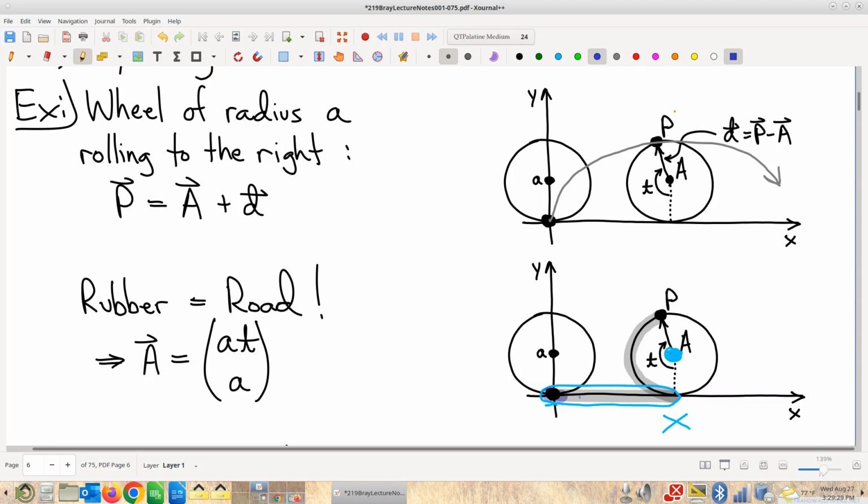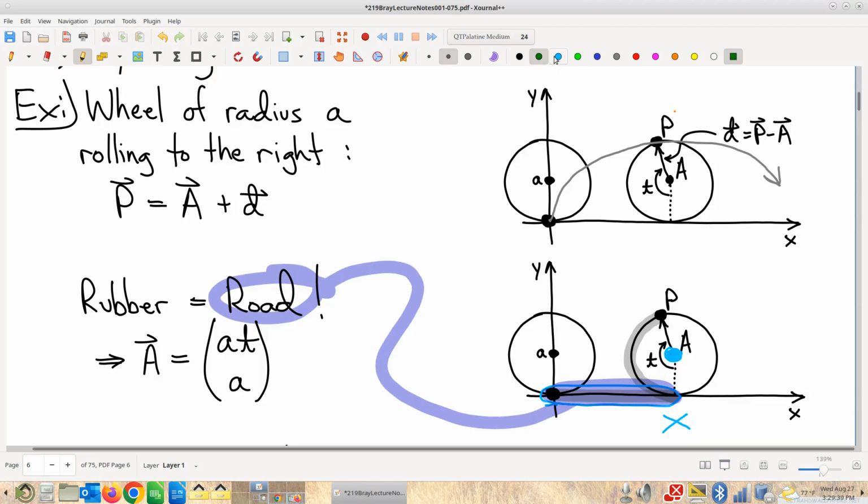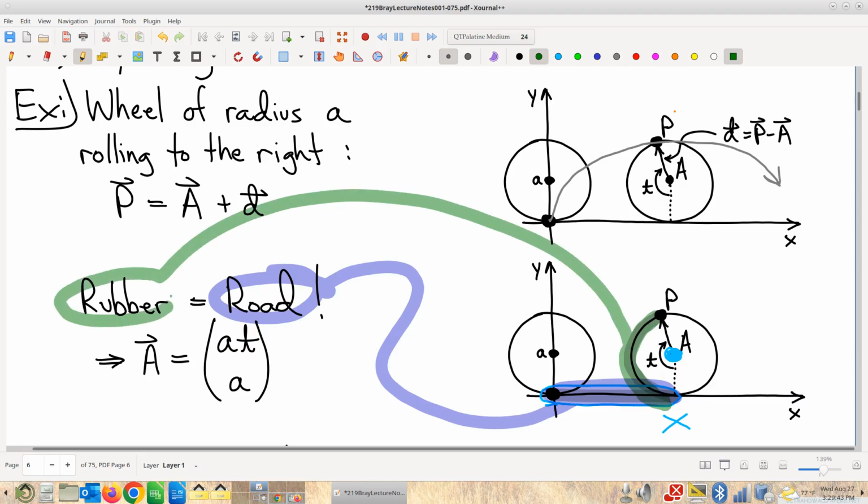This that I'm trying to get my hands on here, that's the amount of road that has touched rubber. Claim: the amount of road that has touched rubber is equal to the amount of rubber that has touched road. Now we just have to think about that physically. In some sense, that's what it means for the wheel not to be slipping. Everybody buy it?